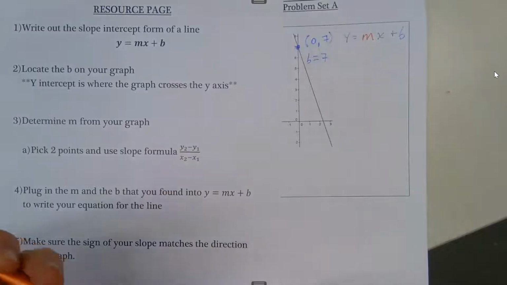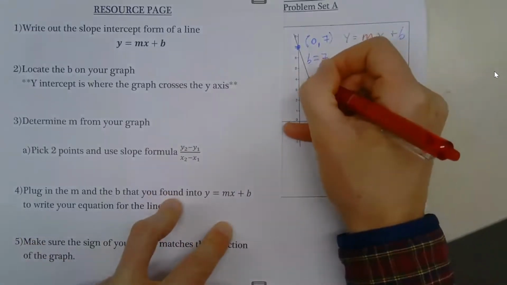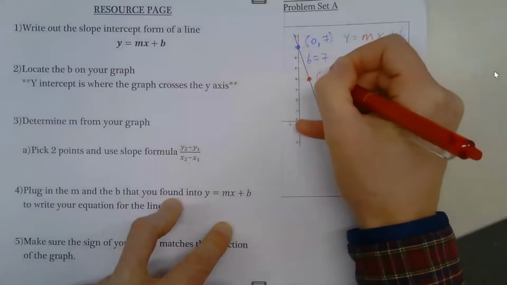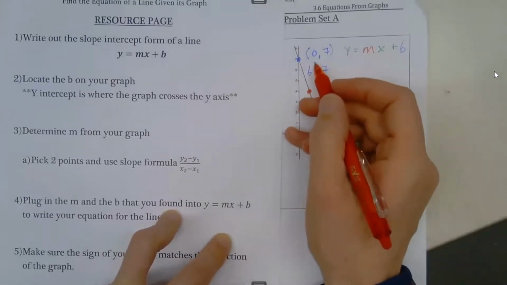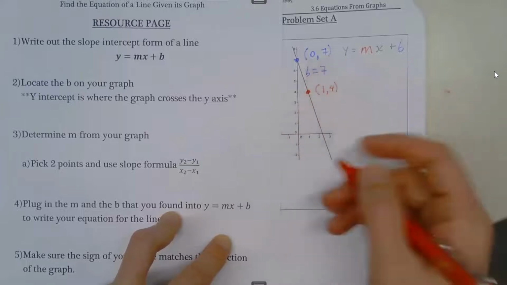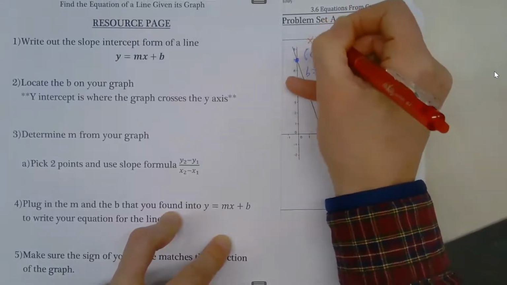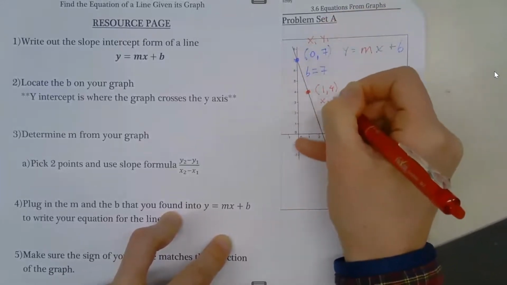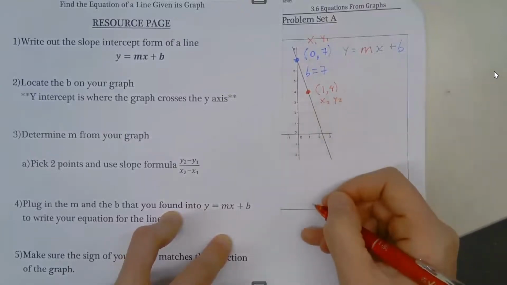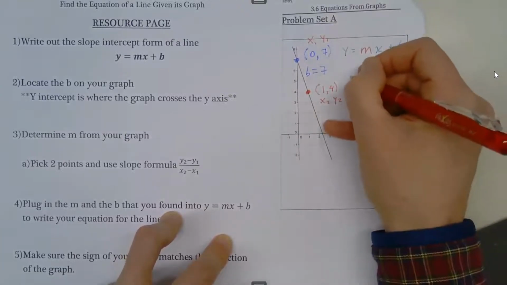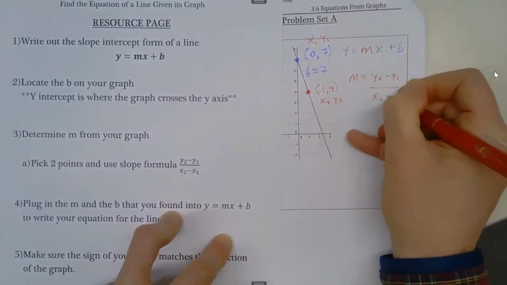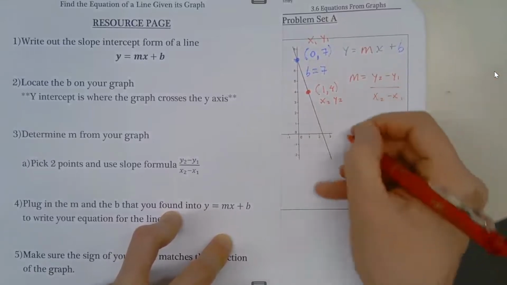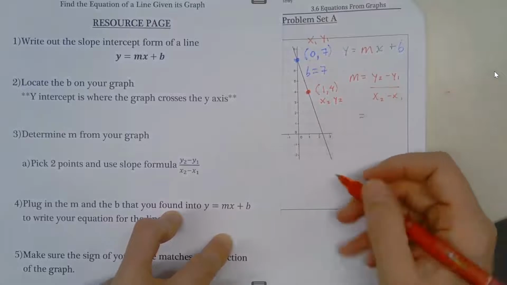Okay, next one, find the slope. Choose 2 points. I'm gonna choose this point, (1, 4), and I'm gonna use the point that we already know, (0, 7). So x1, y1, x2, y2. Now let's calculate slope. Slope equals y2 minus y1 divided by x2 minus x1. Now substitute.